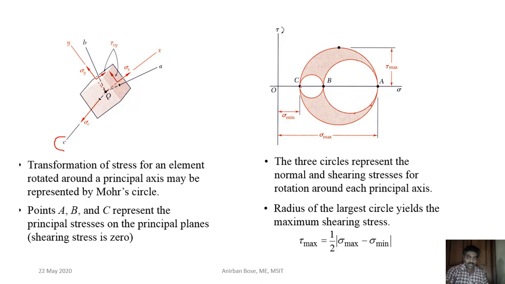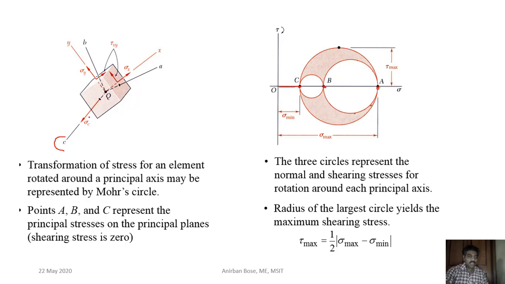Here you can see that point C, point B, and point A are the principal stresses in the A, B, and C direction. So this is basically sigma C, this is basically sigma B, and this is sigma A. So first these principal planes are plotted.